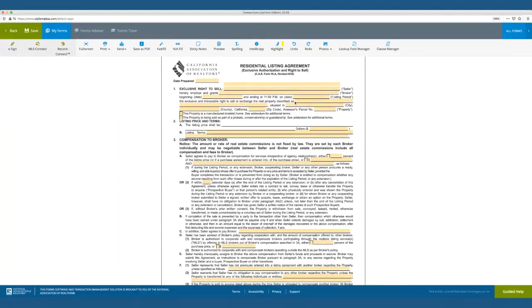The key word there is irrevocable, because every seller thinks, well, I can just cancel it whenever I want to. That's not the case. It's up to the broker whether to release that listing or not.